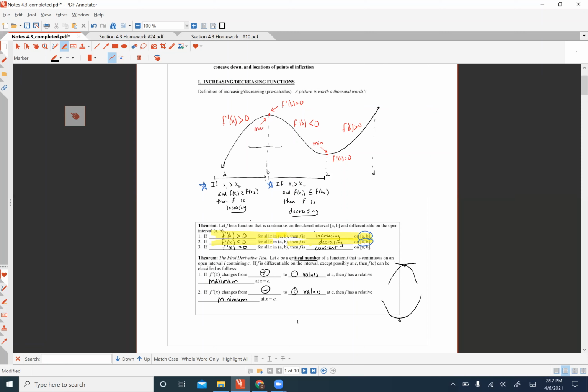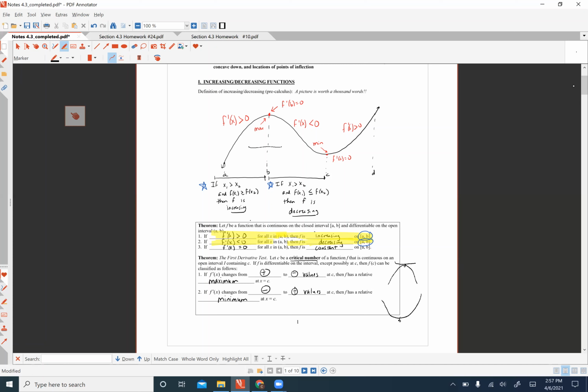So if to the left of the critical point the derivative is negative, and to the right it is positive, then we have a minimum. Vice versa, if to the left the derivative is positive, and to the right the derivative is negative, then we have a relative maximum. So that's the first derivative test.